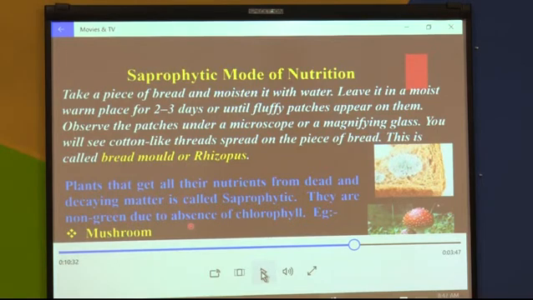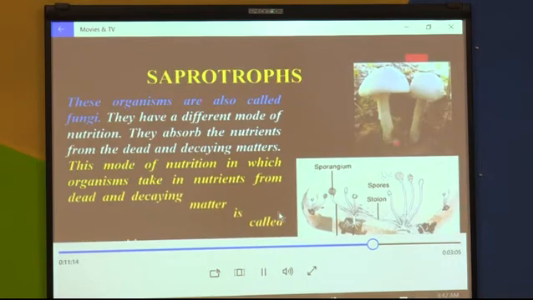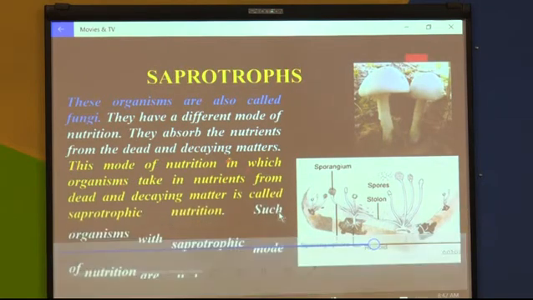That is why these are called non-green plants. Some examples of these saprophytic plants: the first one is the mushroom. See here, you can see the structure of mushroom plants.